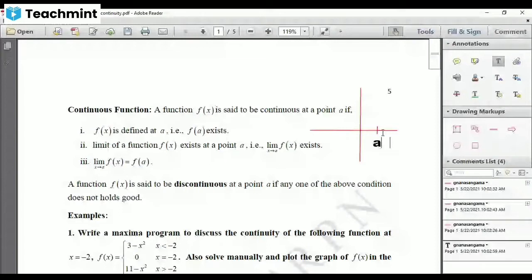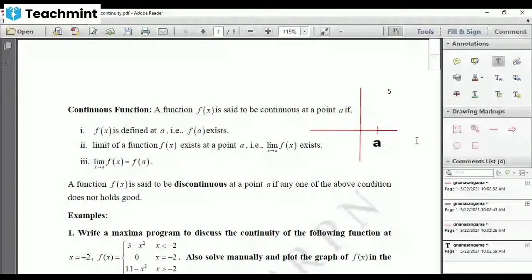If this is your a, then with the x-axis varying from minus infinity to plus infinity, if you give x values to the left of a, that is the left-hand limit. If you give x values to the right of a, from plus infinity down to a, that is the right-hand limit.